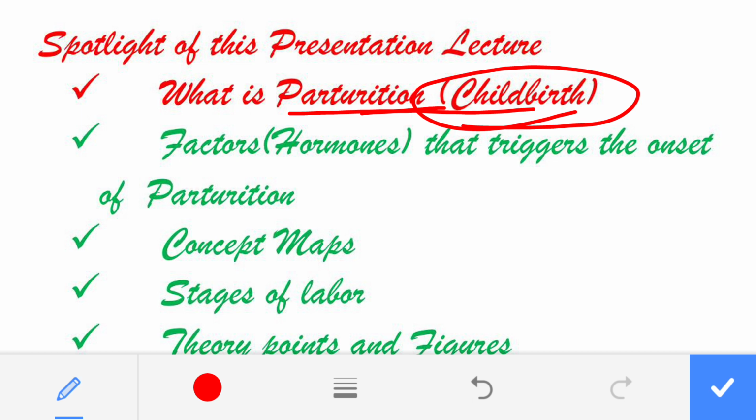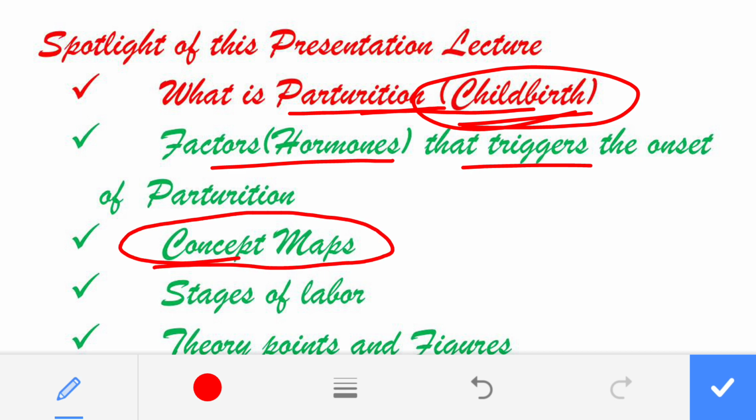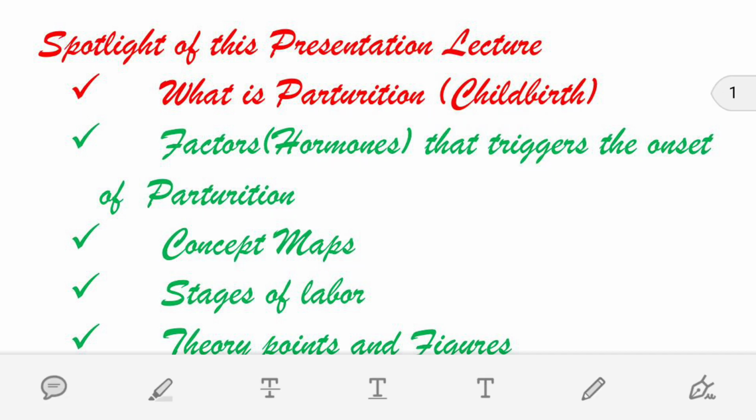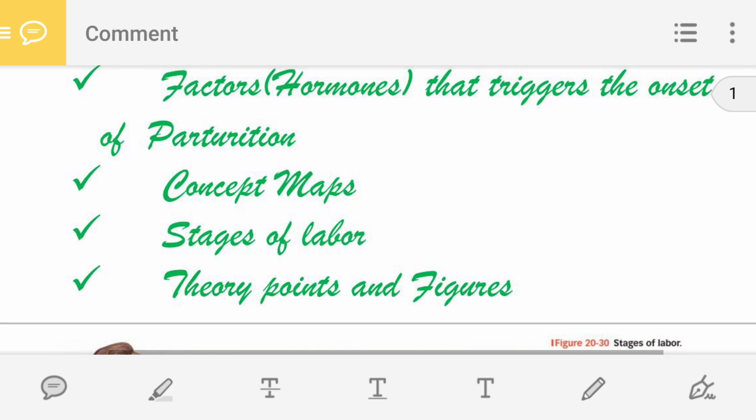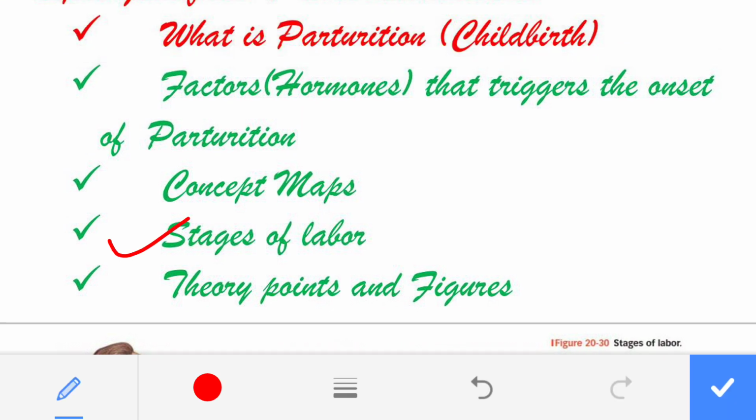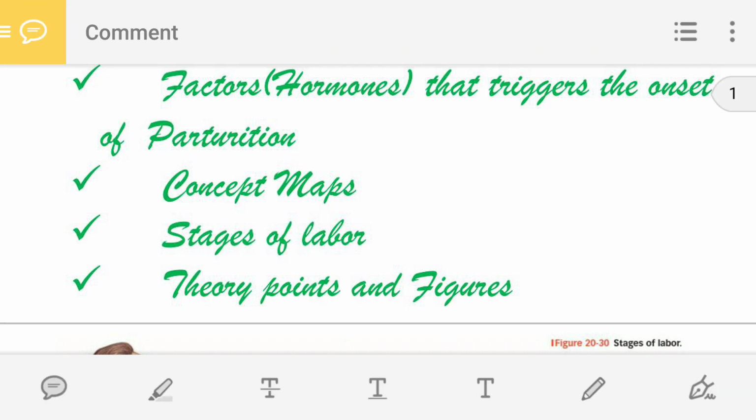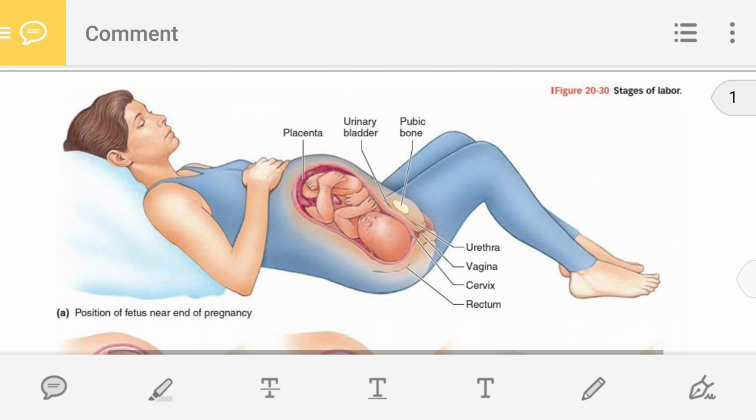Then we will study the role of the hormones in the process of childbirth, and which hormones are involved. Then I have included some concept maps, and then we will discuss the stages of labor. In this lecture you will get the theory points and some good figures I have included. So now we are starting this lecture.